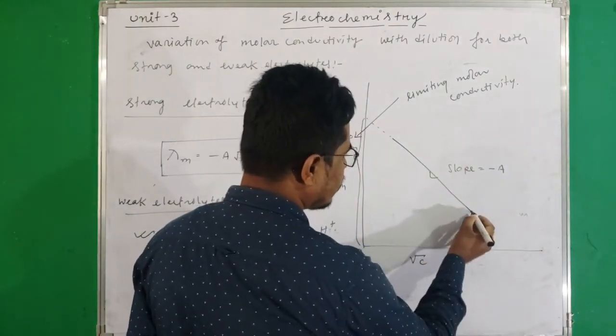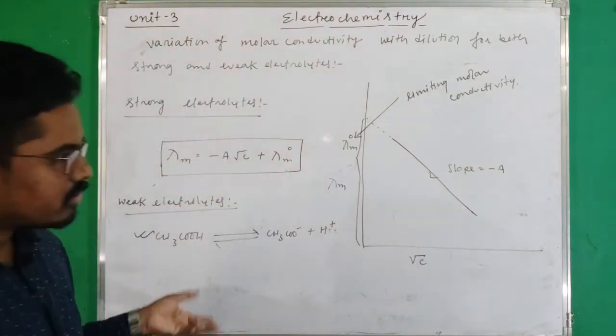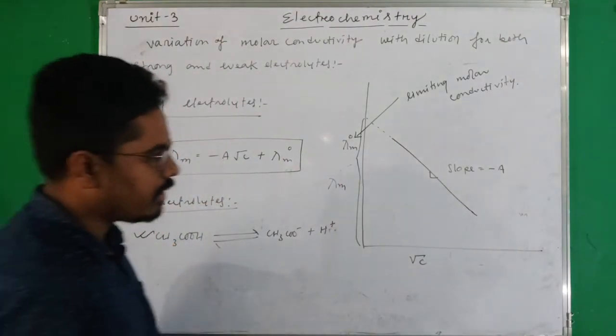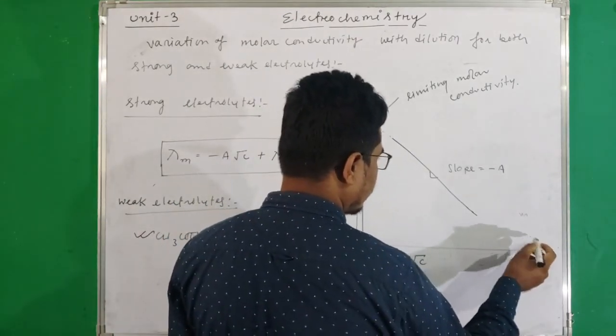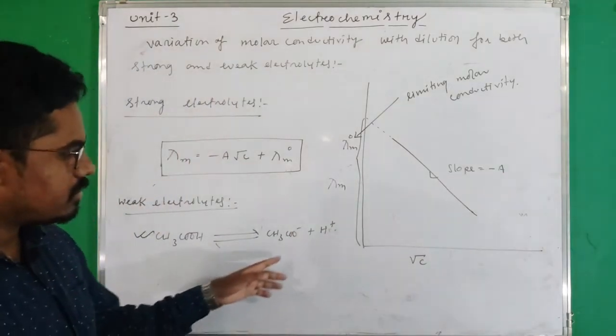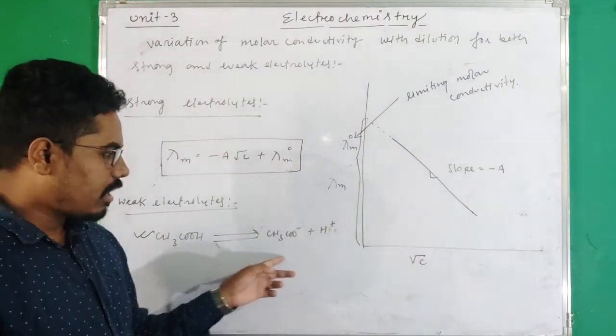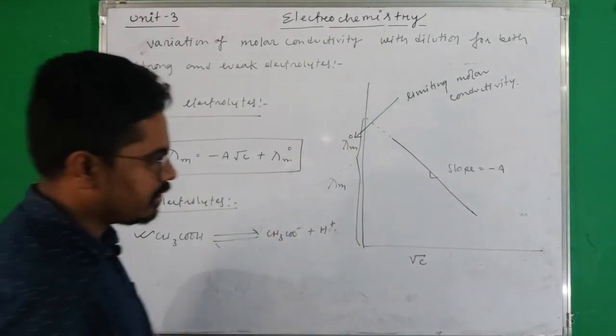When the concentration is higher, the degree of dissociation of a weak electrolyte is low, hence the molar conductivity is also less. But when the concentration decreases, the degree of dissociation increases, so the resultant ions will increase, and hence the molar conductivity will also increase.